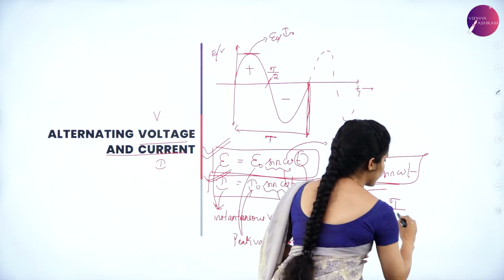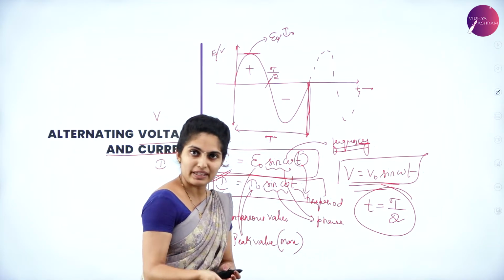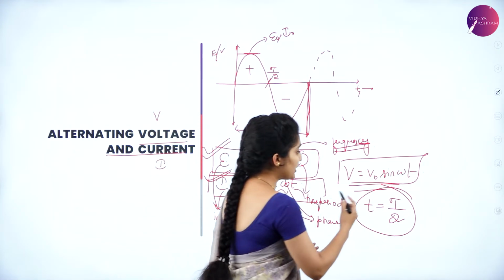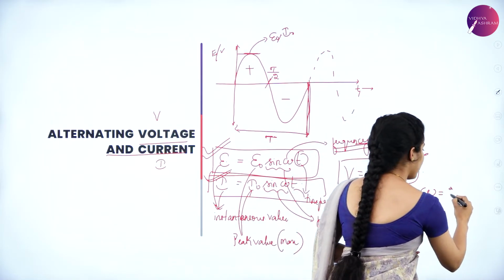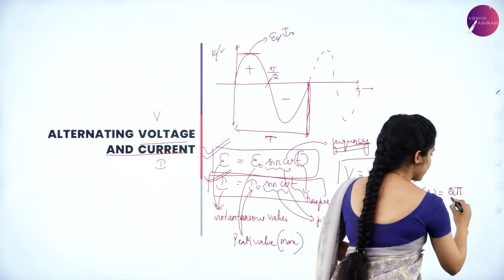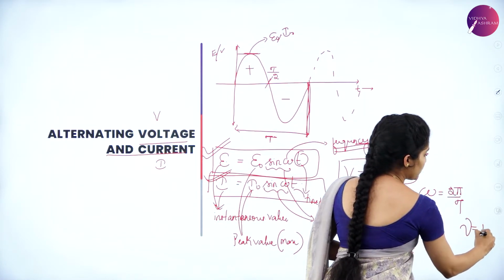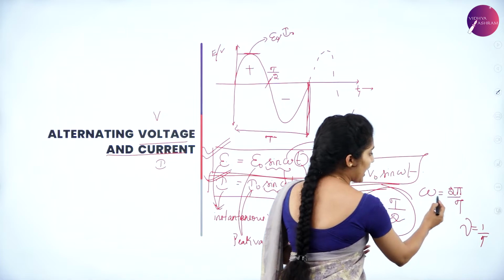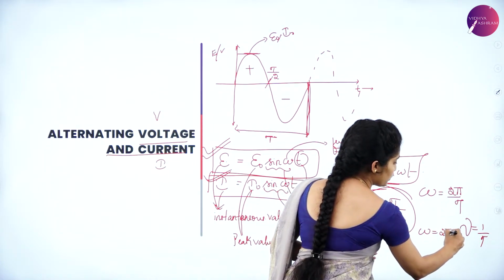We always calculate for the half cycle or full cycle: full cycle means it will be T, half cycle means it will be T by 2. And omega is the angular frequency, so you have 2 pi divided by T, where nu is equal to 1 by T. Here we calculate angular frequency, so angular frequency is equal to 2 pi nu.